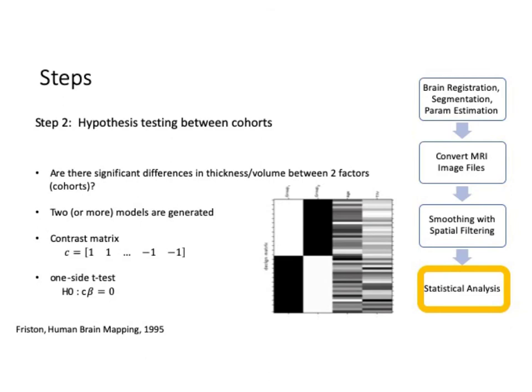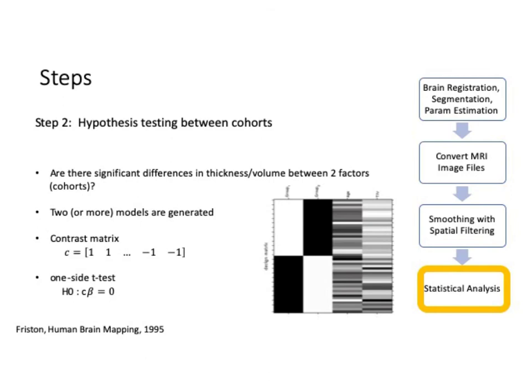That is, group A is one factor, group B is another factor, and this type of design matrix, which we will input into the software, first builds two different statistical models and then performs a statistical test on the difference between the beta values of the two groups. It is possible to perform hypothesis testing between more than two cohorts by adding more groups and building the contrast matrix appropriately.